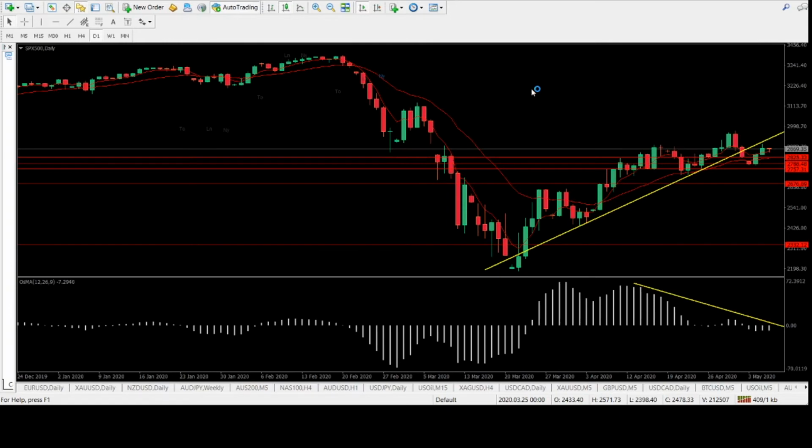I would like to see a break above 3,000 for me to really change my mind and get excited about the move back up here. But again, I want to focus on one thing at a time. Let's see what happens as far as the possibility to move lower.